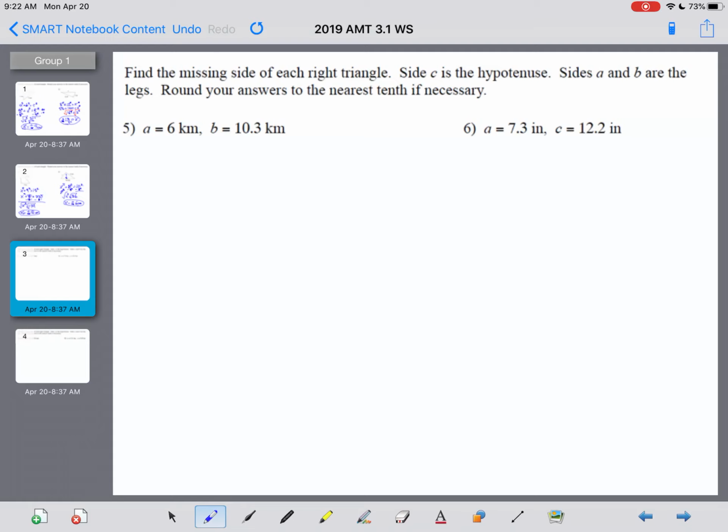Now, these ones here, they don't give us a triangle, but they tell us that side C is always the hypotenuse. Okay, so that means A and B have to be the legs. So here I get 6 squared, one leg, 10.3 squared for the other, and it's okay to have a decimal there, equals C squared. I'm going to go ahead and calculate this.